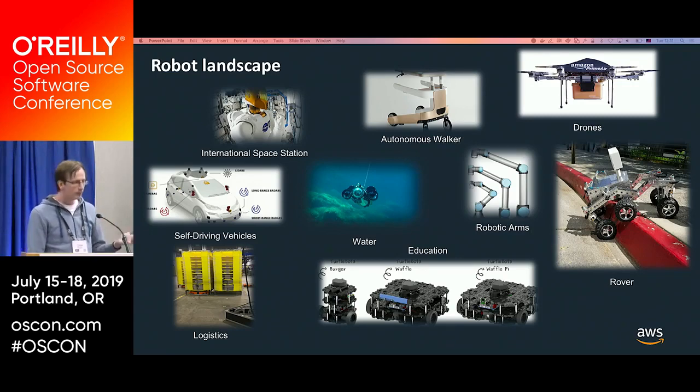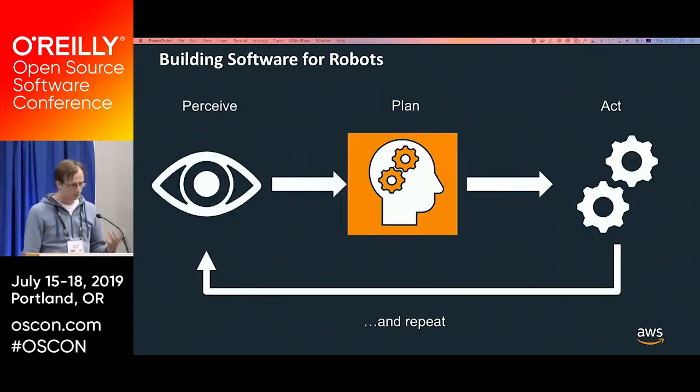To do that, let me just talk for a while about why software for robots is different. When you build software for a robot, basically, you need to integrate with a lot of hardware. We'll have sensors like LiDARs, cameras, IMU units. Those will perceive the world around you.